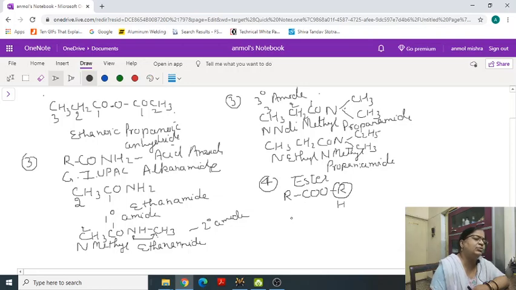Its general IUPAC name is alkyl alkanoate. Now this alkyl group is the R which is obtained by replacing H, and this part will be considered as alkanoate.